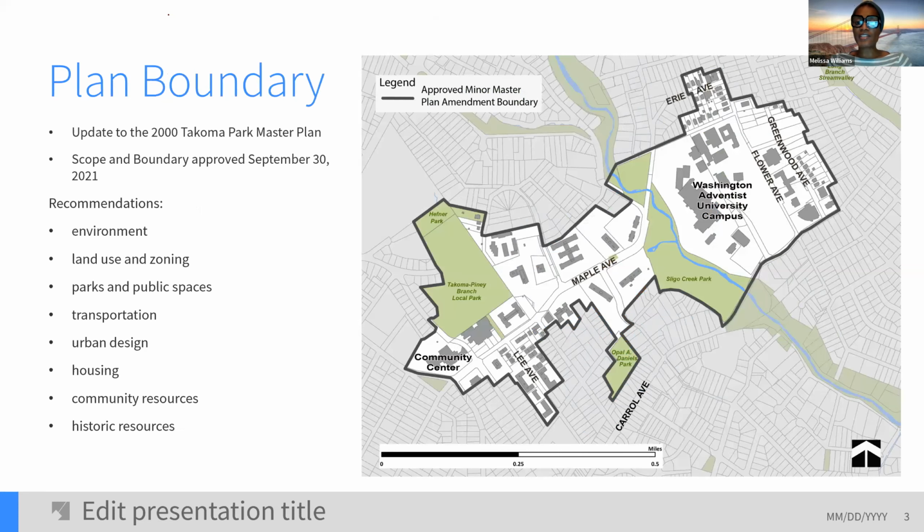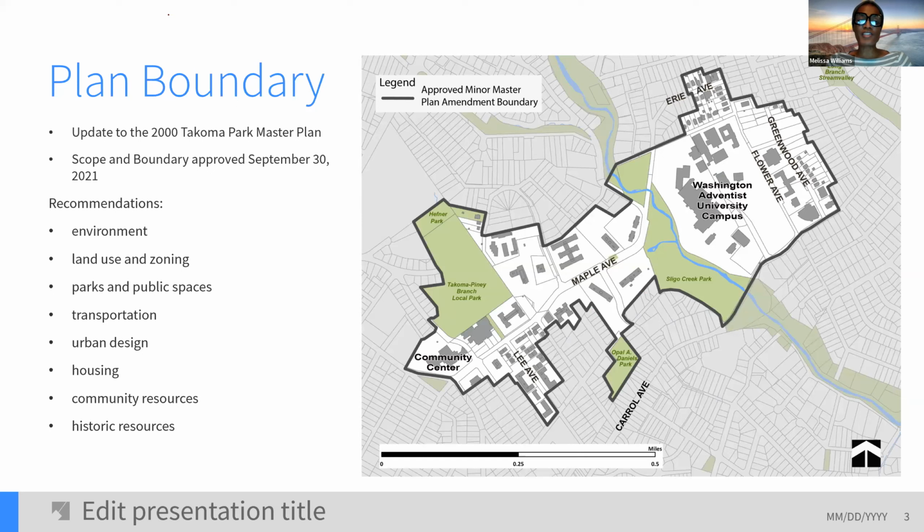So now let's look at this plan boundary. The plan boundary is a much smaller piece of the area that was included in the 2000 Tacoma Park Master Plan. That's why it's called an amendment. We're really just doing a very small update to an existing master plan. We're not taking on all of the Tacoma Park Master Plan.